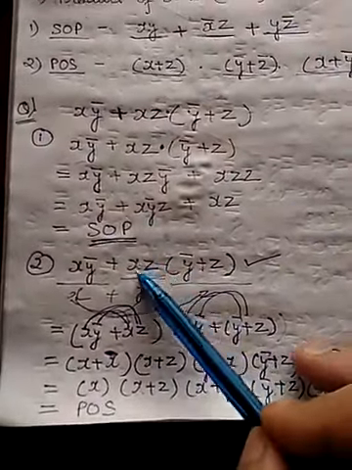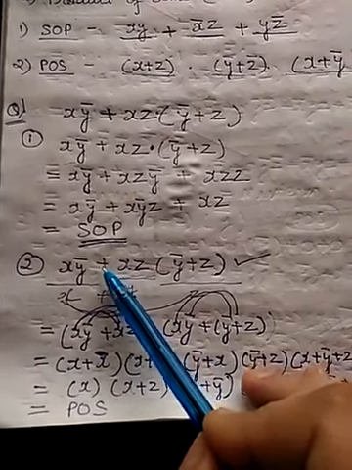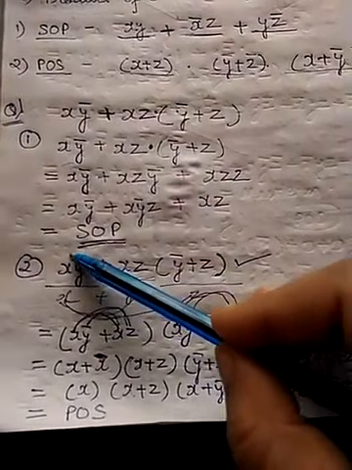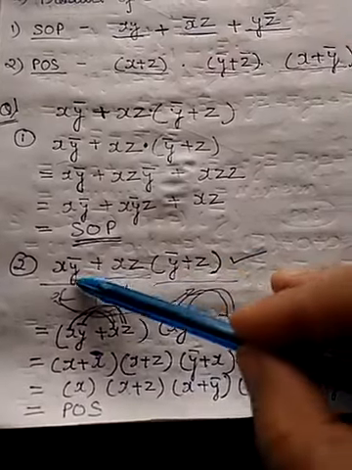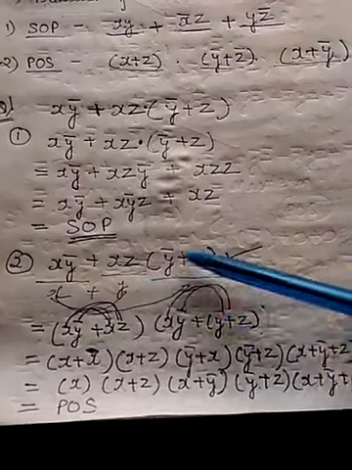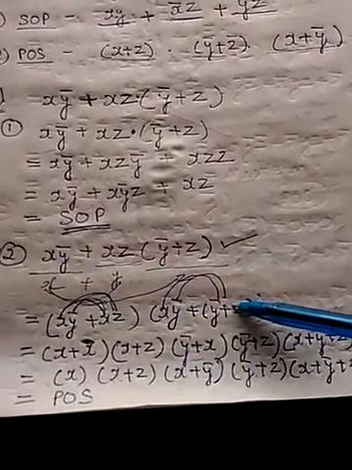In the same way here, if we want to convert it into the product of sum, then we apply this distributive law. We distribute this plus sign, meaning take this variable as x, the whole term as y, the whole term as z. So x plus yz becomes x plus y, x plus z.